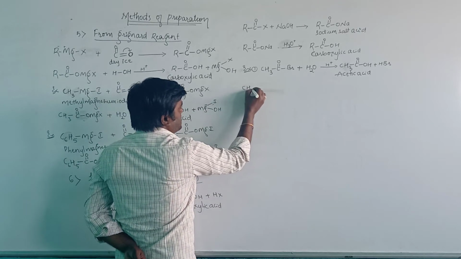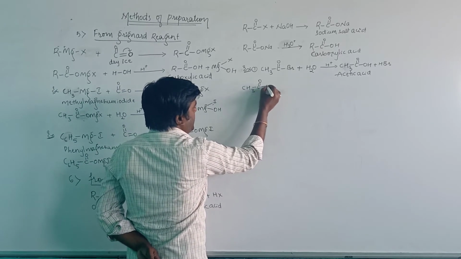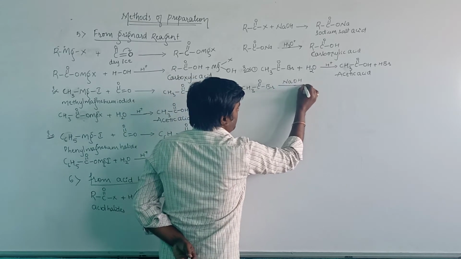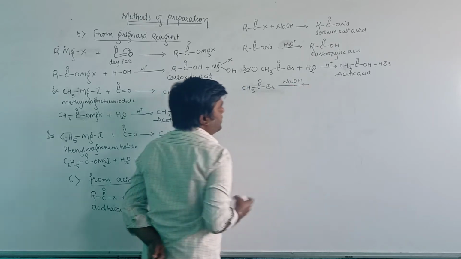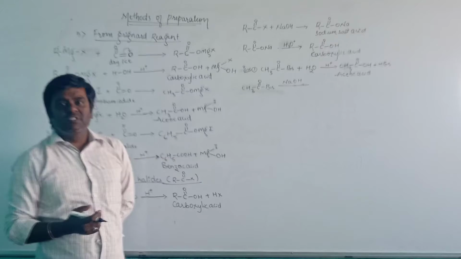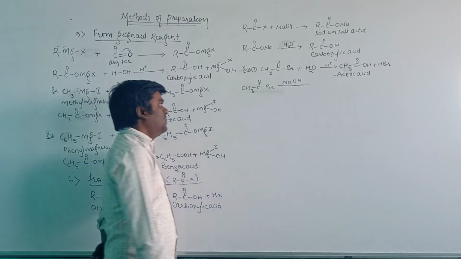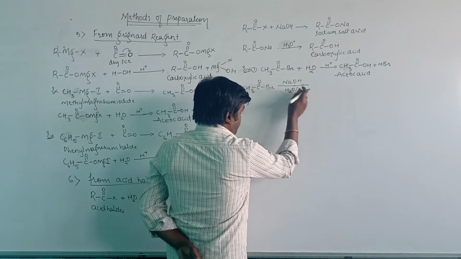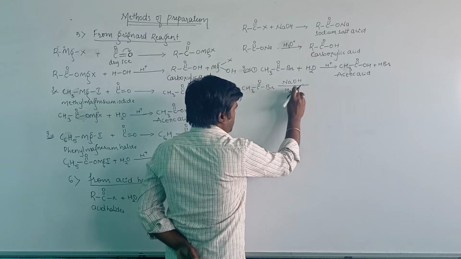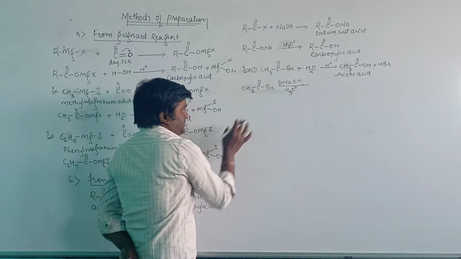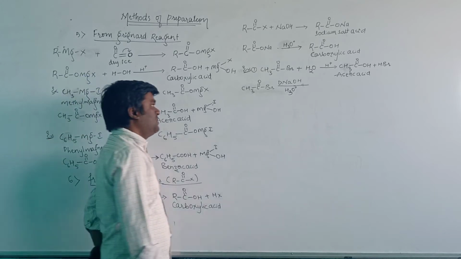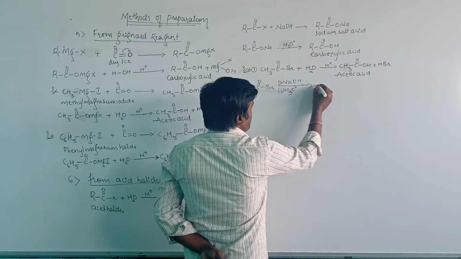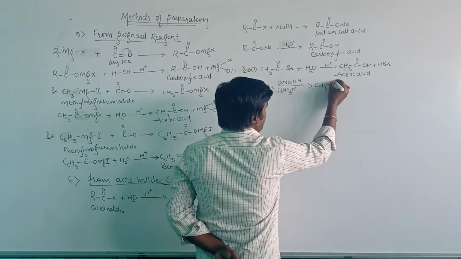When CH3C double bond O Br reacts with sodium hydroxide, it will give the sodium salt of carboxylic acid, which on acidification, first we are treating with the sodium hydroxide and further carrying out the acidification, will produce the compound CH3C double bond OH.